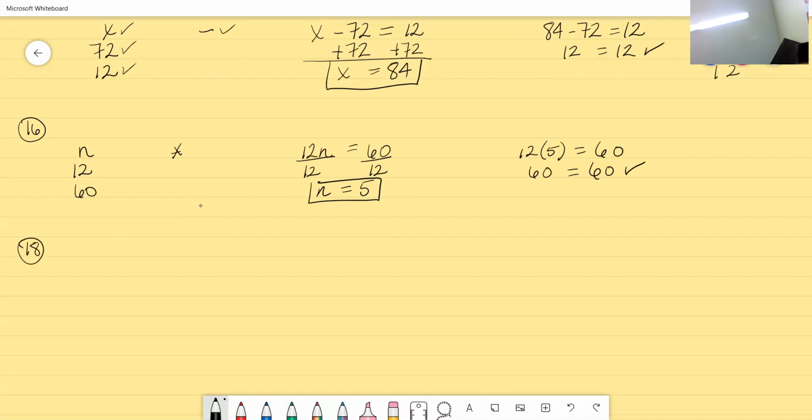Number 18. Deidre canned 24 quarts of beans, which was 4 times as much as Ava canned. How many quarts did Ava can? Okay, so we have 24, which was, so was is another version of is, so you know your answer needs to equal 24. 4 times as much as Ava can. So how many did Ava can?